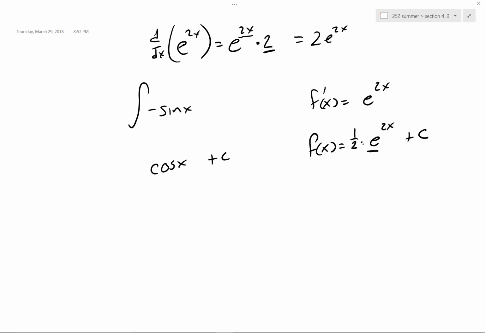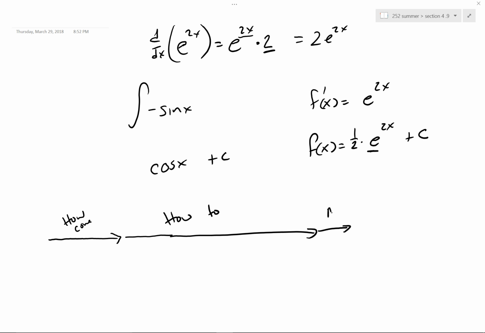So again, kind of picture this. The way this whole quarter is going to work, we're going to have a little bit of how come. Why do we do this? How come? I should say a lot of how to, and then a little bit of application.